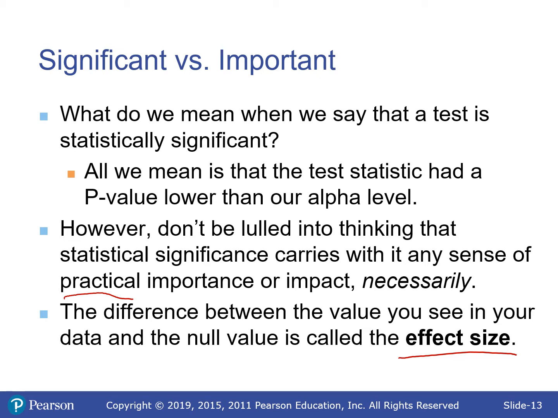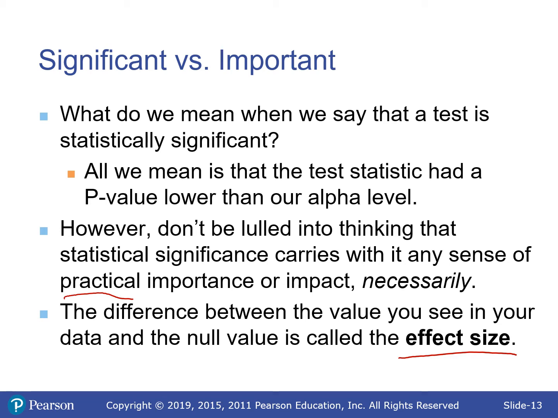I used a mean, so let's do a probability. So we have our null hypothesis. We think that the probability is 0.2, but with our sample, we got 0.21, so it was 21% instead of 20%.